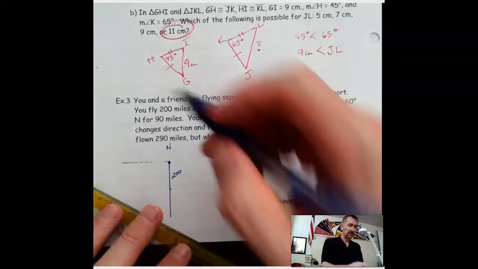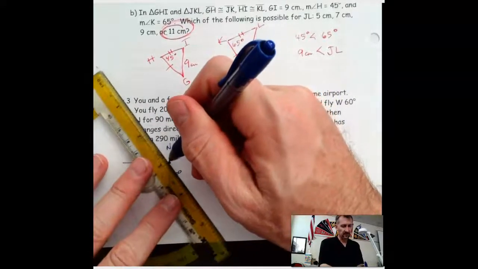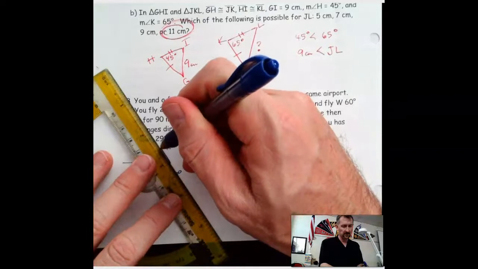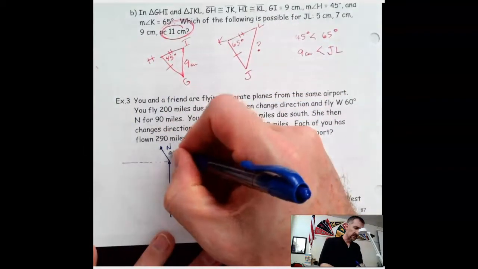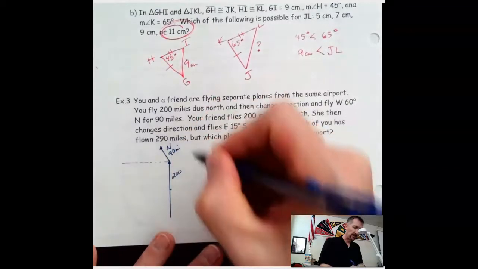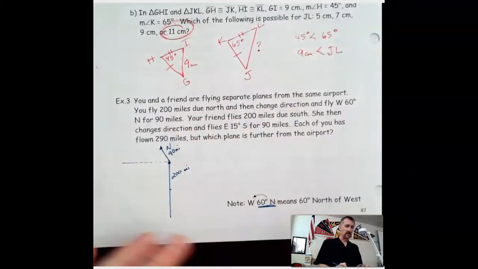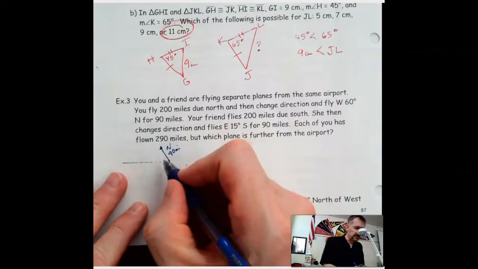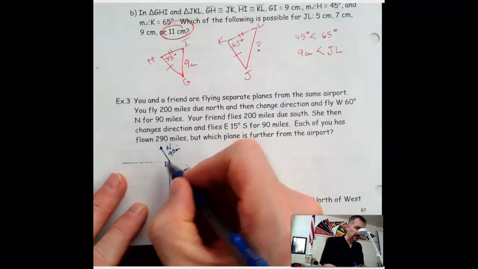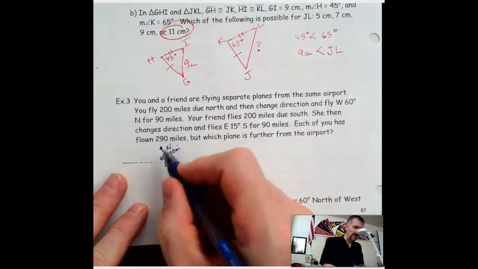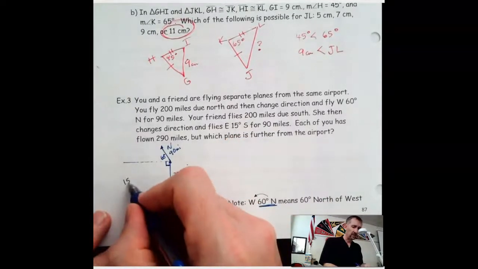It's kind of awkward. So if I put a 60-degree angle up here, something like this, that's a shorter distance, 90 miles. Alright, so this is 60 degrees right here, but this is 90. So that angle is 150.